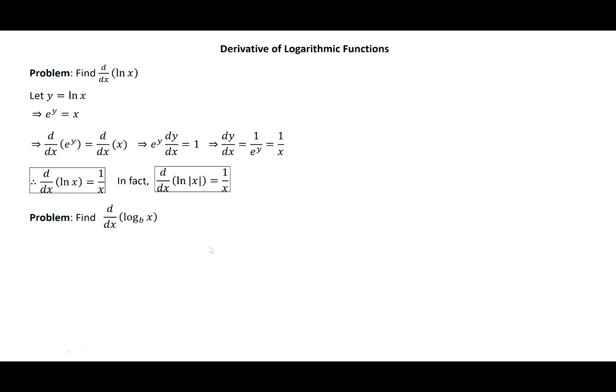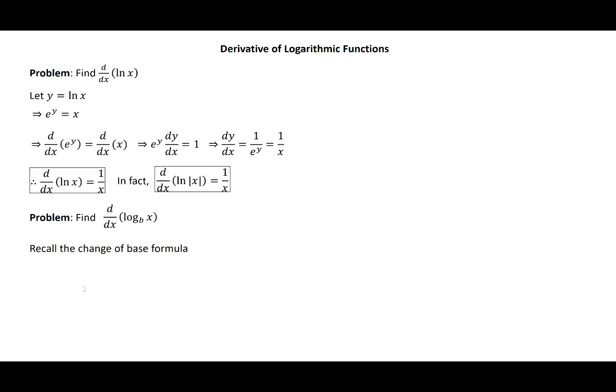Now, with that, let's ask. The derivative of natural log of x is 1 over x, fine. But what in the world is derivative of log base b of x? When the base is e, that's the natural logarithm. But when the base is not e and it is something else, some other base b, well, do you remember that something called change of base formula?